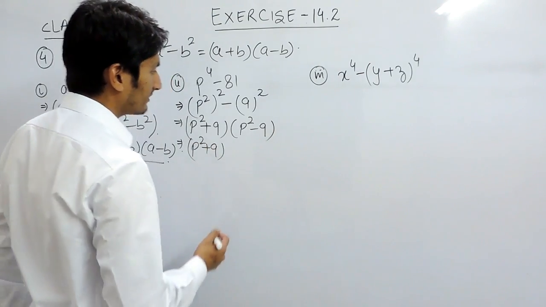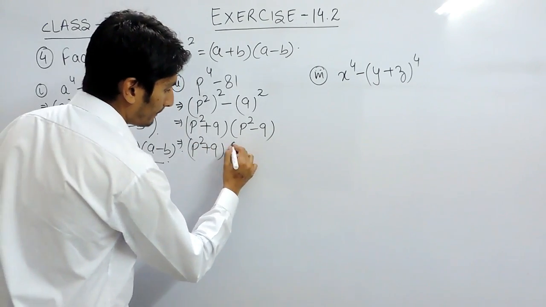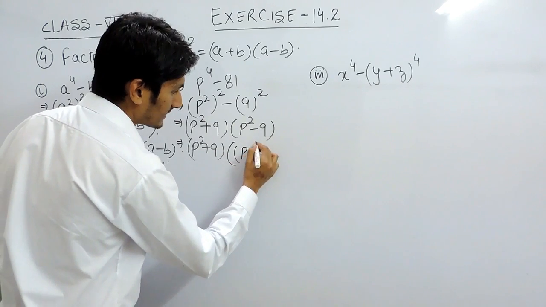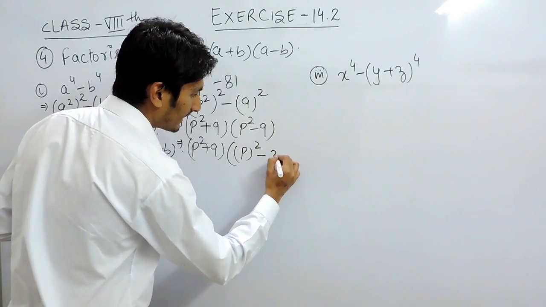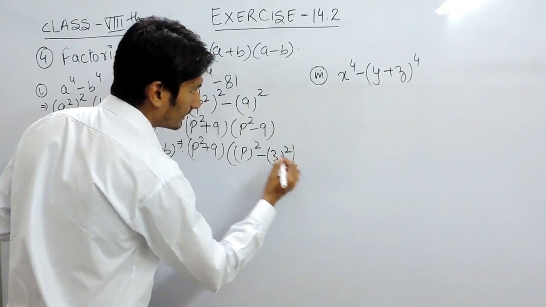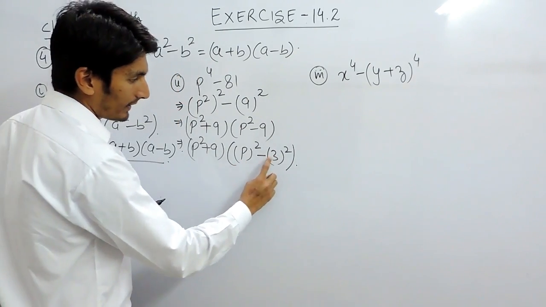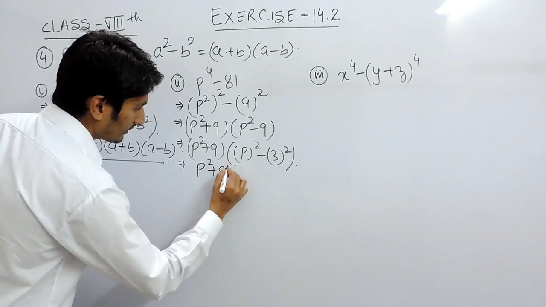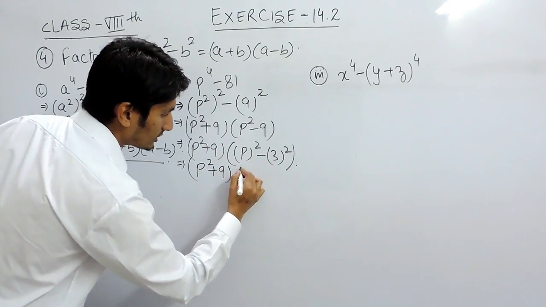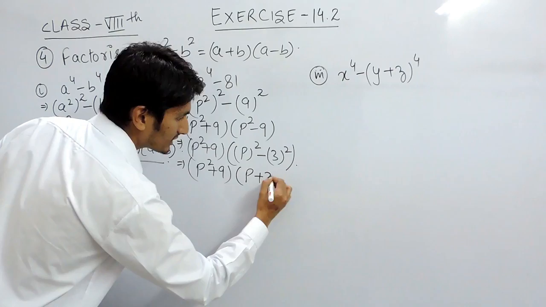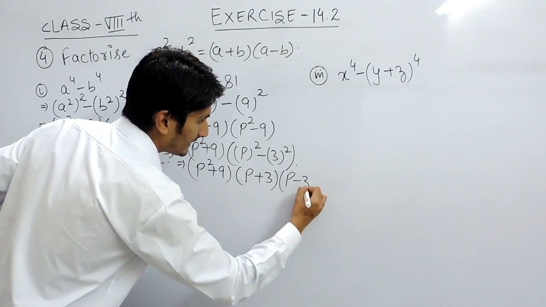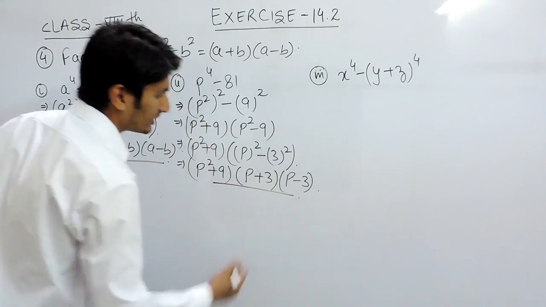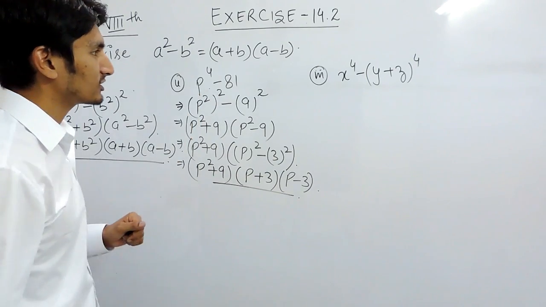But again this can be converted in this form. P square can be written as this and 9 can be written as 3 square. Again this is a square minus b square, and we know that a square minus b square is equal to a plus b multiplied with a minus b. So these three should be the factors for this expression.